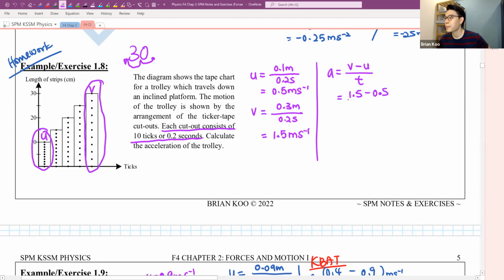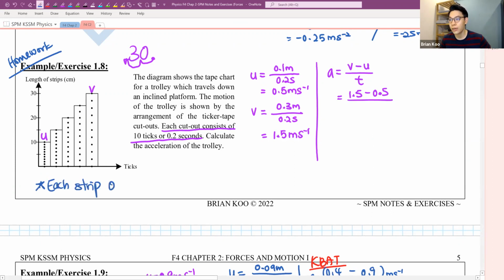Divided by the time. Each of the strip is 0.2 seconds. So we have 1, 2, 3, 4, 5 strips in total. 5, remember, always need to minus by 1, right? So it's just 4 strips. Each strip is 0.2. So I can just use 0.2 straight away.